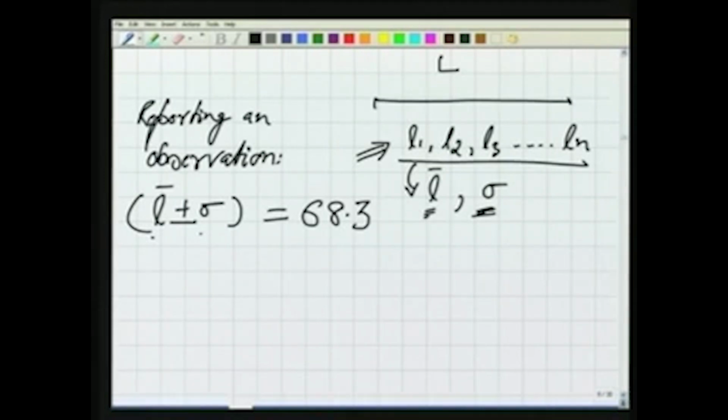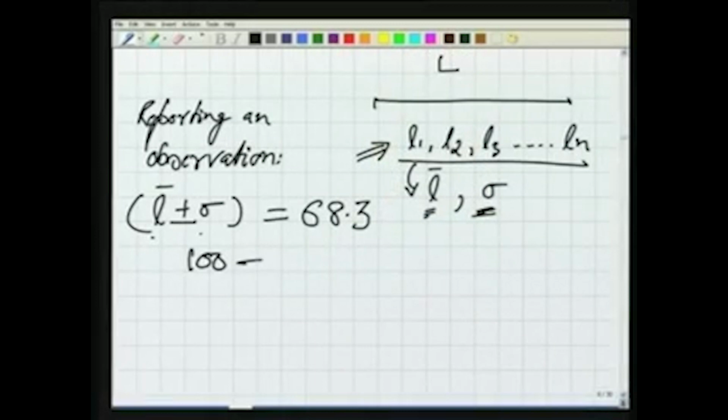The meaning is, we are sure now that out of 100 observations, 68.3 observations will be within this limit. This is what the normal curve says. The normal curve gives you the probability of occurrence of any observation, and we have seen that within plus minus sigma from the mean, the probability of occurrence of all the observations is 68.3%.